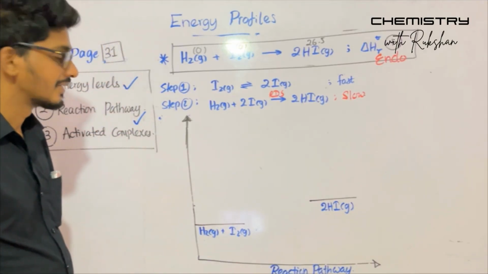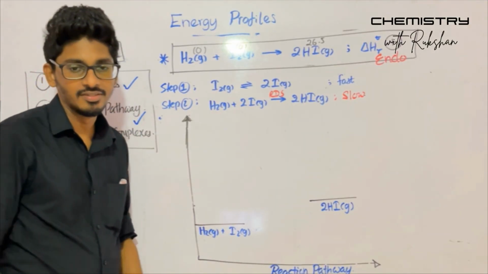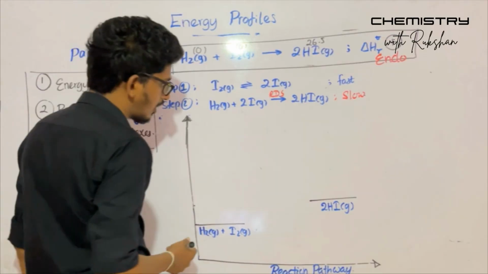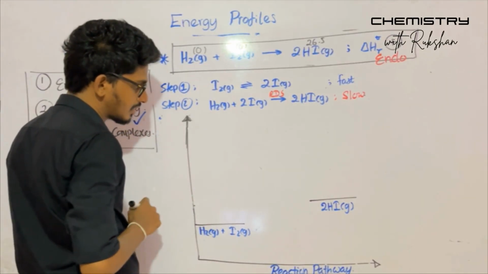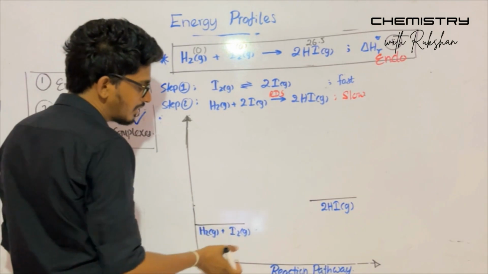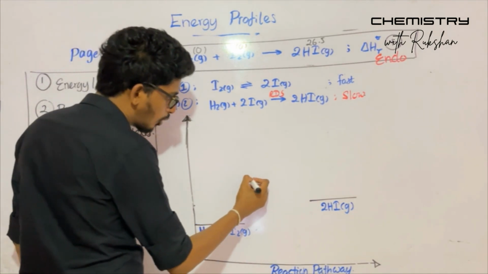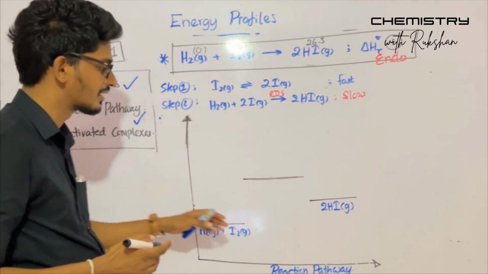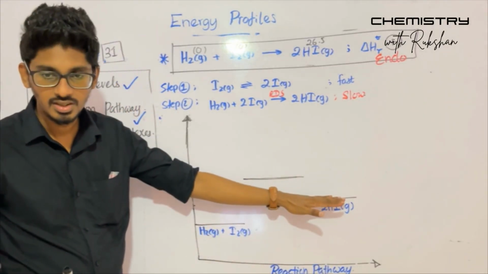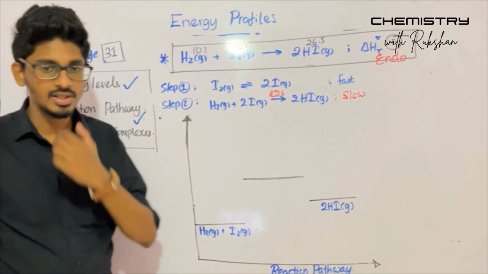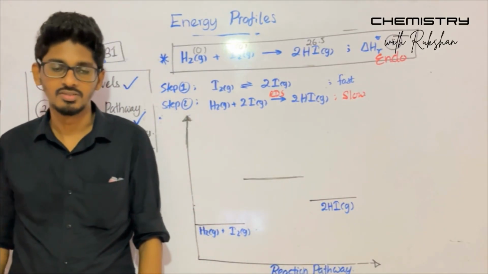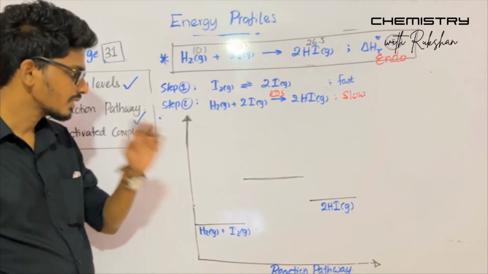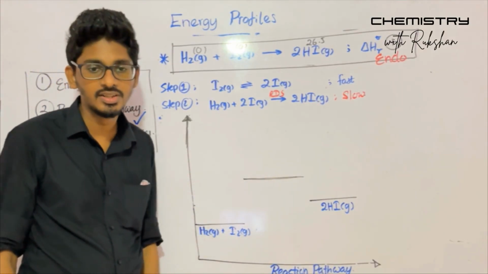But that is not all of the energy levels in this mechanism. You have to write the right energy state of the intermediate energy level as well. The intermediate energy level should have a greater energy than both the reactants and products, because intermediates are less stable than the reactants as well as the products. Let's come up with the chemical species appearing at the intermediate energy level.